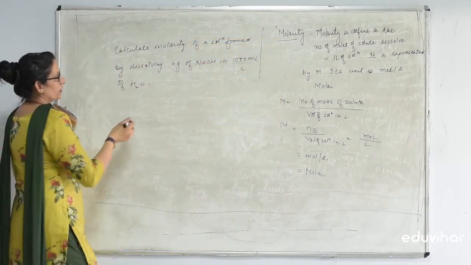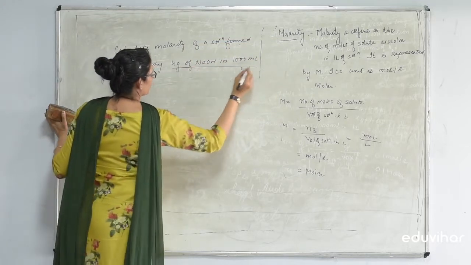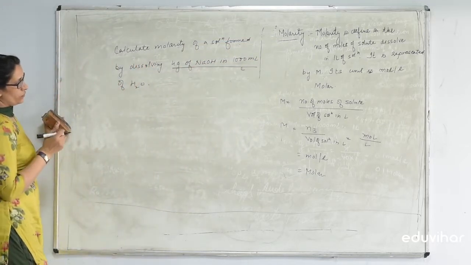We have to calculate the molarity of a solution which is formed by dissolving 4 gram of NaOH in 1000 ml of water.